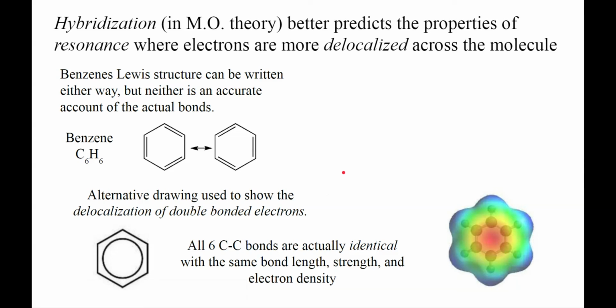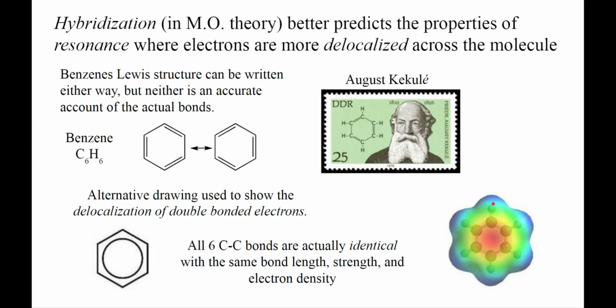Now, the structure of benzene, just this is a fun fact. Its molecular formula, C6H6, was known for decades before anyone ever figured out its structure. And then at one point, Auguste Kekule, an organic chemist, had a dream about it, not necessarily about benzene, but about a serpent eating its tail.